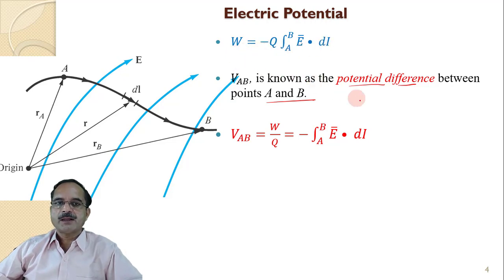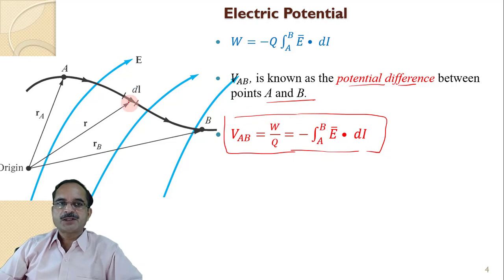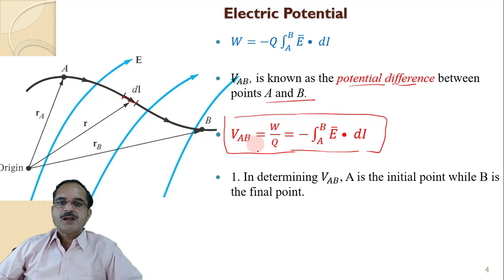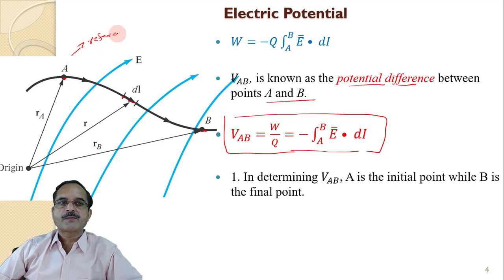So from this we can write VAB as W upon Q equal to minus integral A to B E dot dl. To determine VAB, A is the initial point and B is the final point, or in other words, we can say this point A is the reference point.